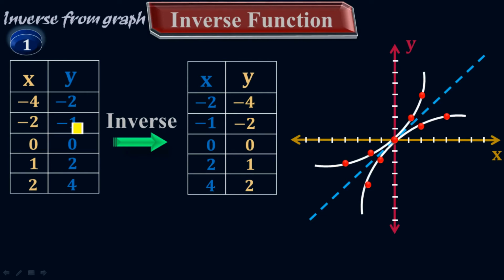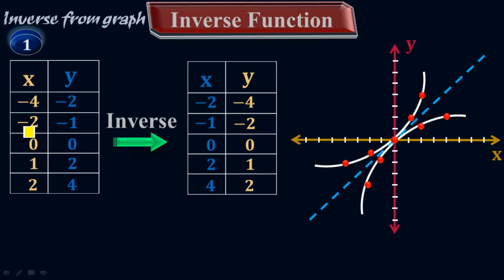But when it comes to the inverse, this -2 becomes the y value and this -1 becomes the x value. So the adjacent point for the inverse graph is this. Look at this point: at -1 along the x-axis, it makes the point -2 along the y-axis. So these are two adjacent points, one for the original function and the other for the inverse function.